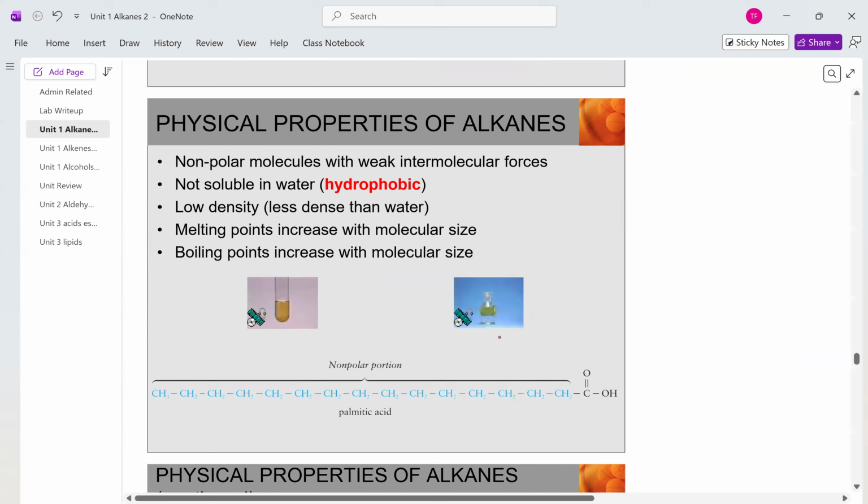Okay, physical properties of alkanes. They're basically non-polar. Our world, biochemically, is a water world, which is very polar. Hence, we have a solvent system in our body that is mostly made up of water.